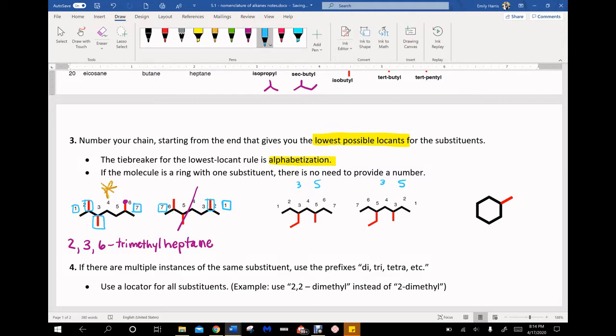So what we'll do is name the substituents. This substituent on carbon 3 has 2 carbons. This is an ethyl group. And the second one is a methyl group. Ethyl versus methyl. All right. And so what we're going to do is number the chain according to alphabetical order.